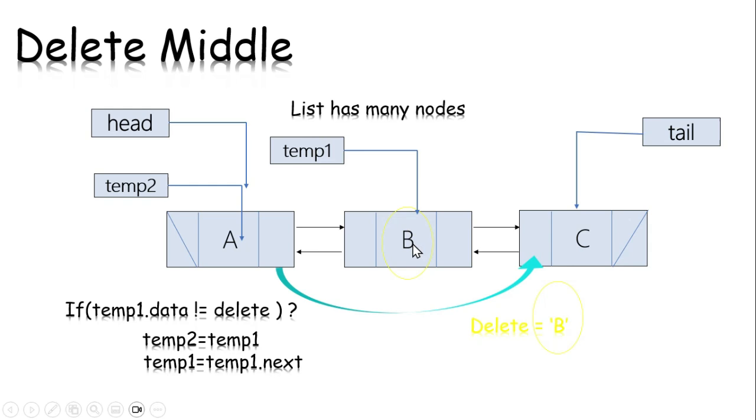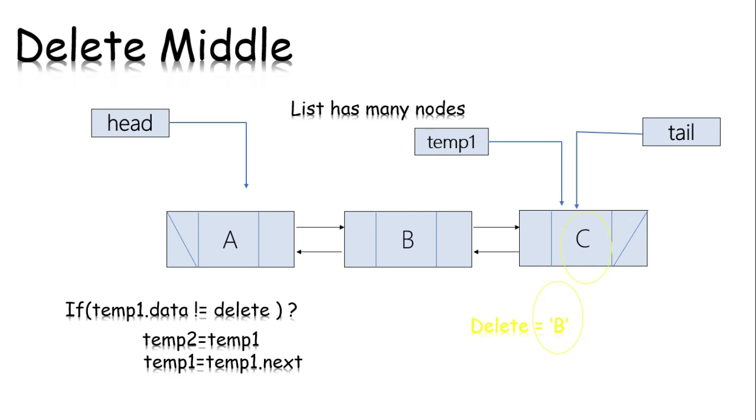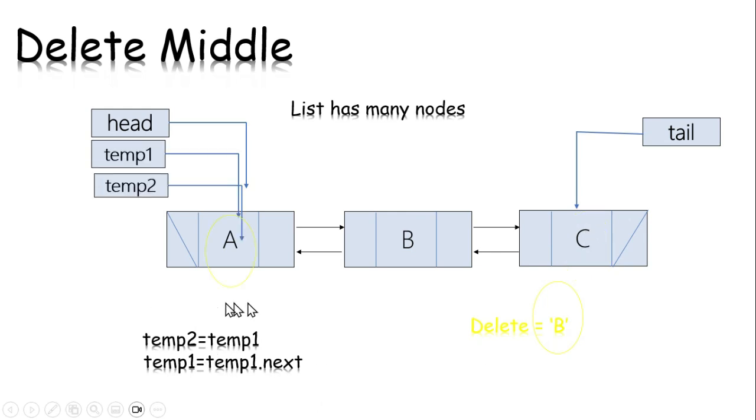If temp1.data is still not equal to delete, then temp1 must move to the next node, and as temp1 moves to the next node, temp2 will move to the previous node pointed to by temp1. So the visualization will look like this. Since we will keep repeating this instruction, it will be wrapped under a while loop like this.